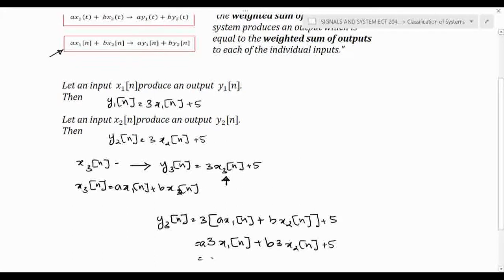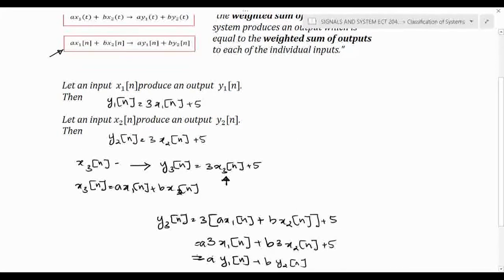And if you rearrange this, it becomes a y1 of n. If you group this, a into, sorry, you cannot write like this, because y1 of n is equal to 3x1 of n plus 5. Okay, so this a is not common for 5, so we cannot write like this, which is not equal to a y1 of n plus b y2 of n.